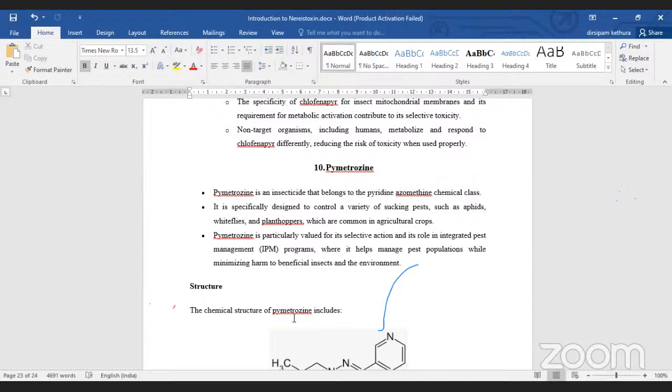This is what we studied for the neonicotinoids and pyrethroids in our last classes. And in some cases, the host plants have major effects on the potency of pymetrozine. And it is designed to control a variety of organisms.